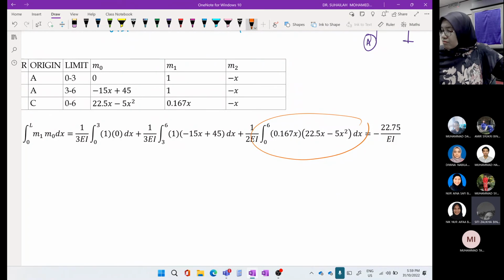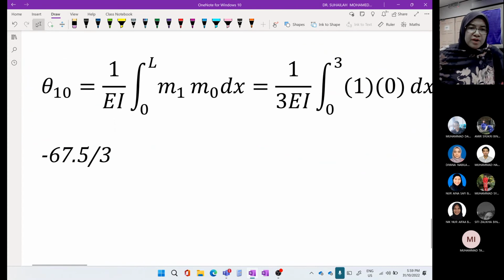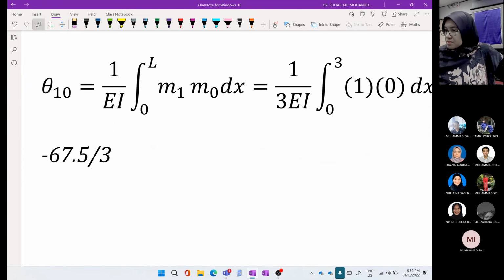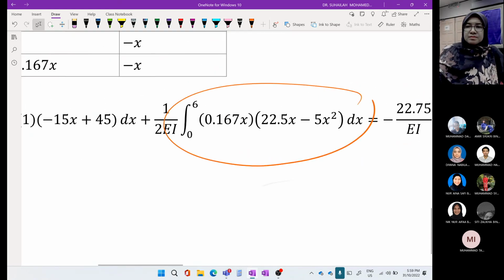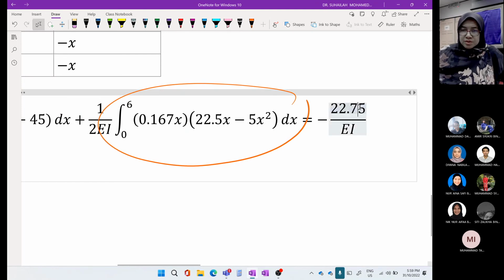Saya dapat 0. Total. Tak, yang first dapat ni tadi, 67.5 divided by 3 kan? 67.5 divided by 3 equal to 22 point, it is negative 22.5. Total.